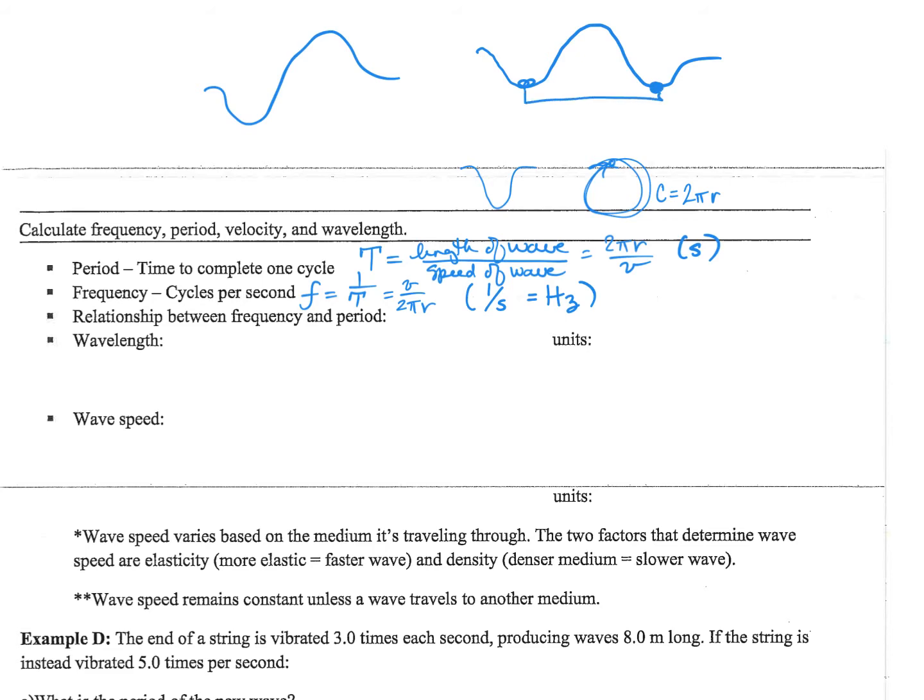That would be 1 wavelength. So 1 wavelength would be consecutive points that are in phase. Wouldn't these two be in phase then? So this would be 360 degrees in phase, right? And so wavelength would be the distance between them.